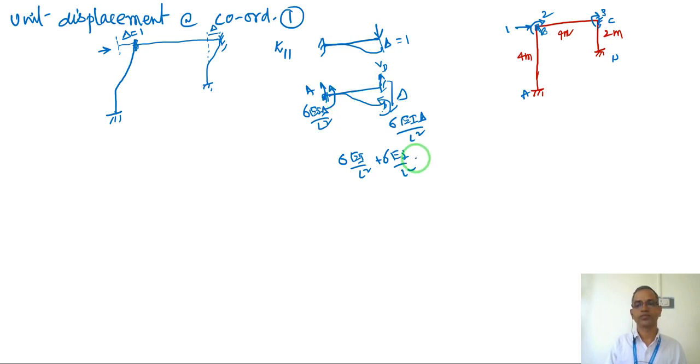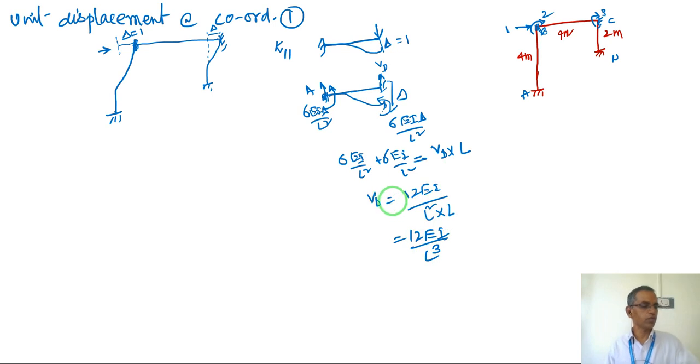So VD will become 12 EI delta by L square by L, that becomes 12 EI delta by L cube.